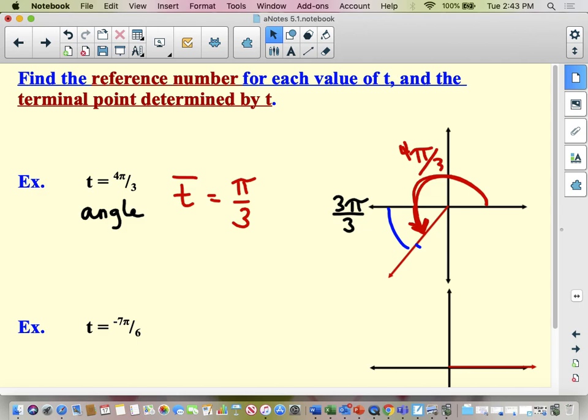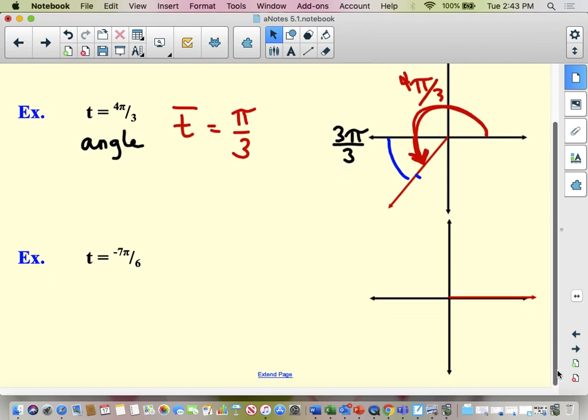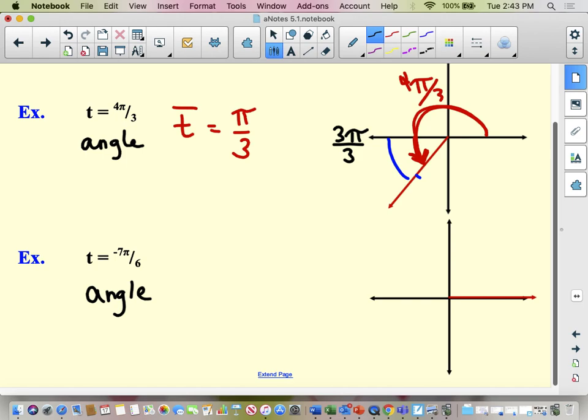Okay, let's look at another one. What if your angle is negative 7/6 pi? Negative is going to go clockwise now, so go the opposite direction. My pi is now going to be 6/6, but it's also negative because I'm going clockwise.